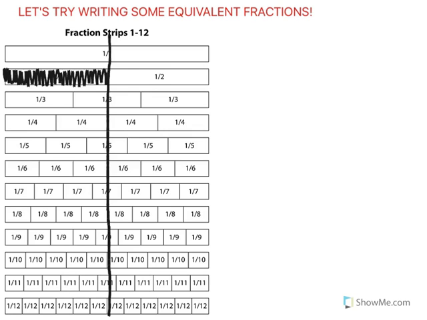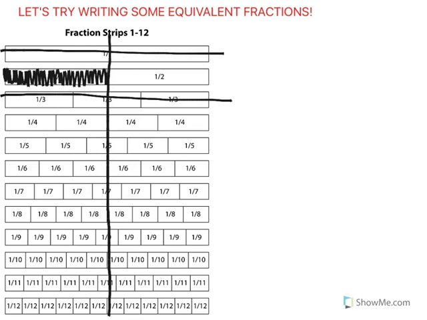So let's see. 1 whole doesn't have anything equivalent to 1/2, so we know that that can't work. Now, 1/3 is too small to be equivalent, but 2/3 is too large, so we know that 1/3 won't work as well.